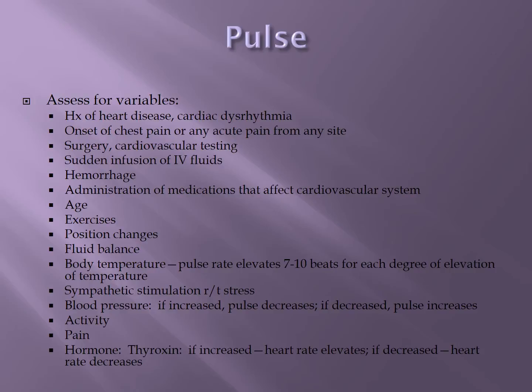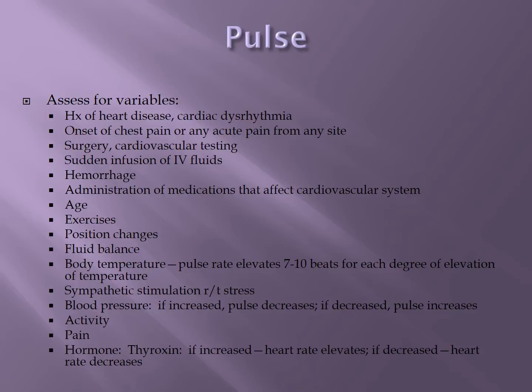When they start exercising, their heart rate is going to increase, but with you or me, when we exercise, our heart rate goes up to 120. When they exercise, their heart rates may only go up to 80.